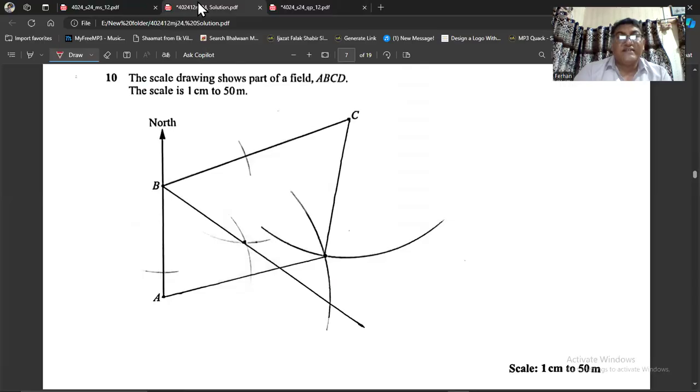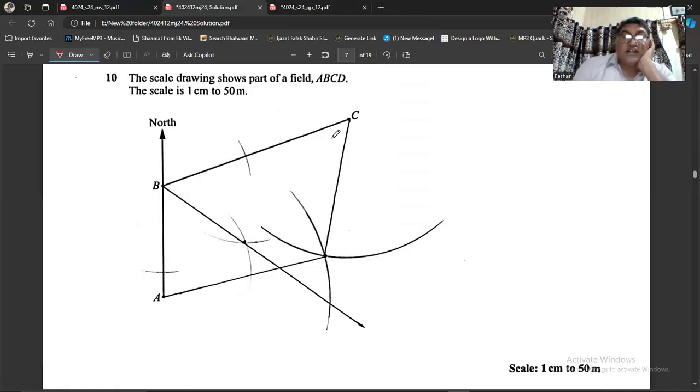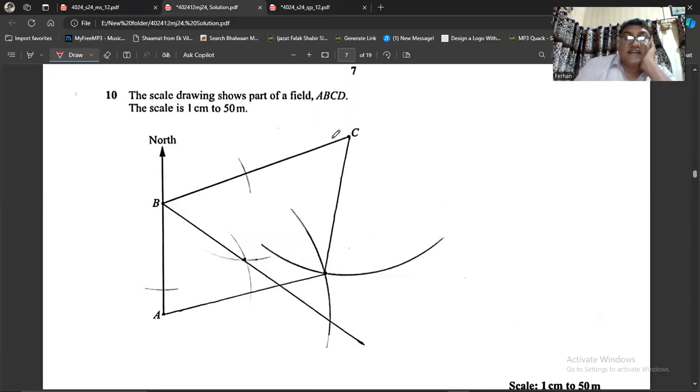Let me show you, a very simple, straightforward question. I will open my compass 5 centimeters, and I will take C as the center, and I will draw this arc which is of 5 centimeter radius.